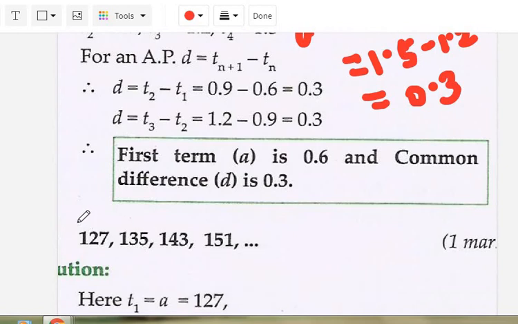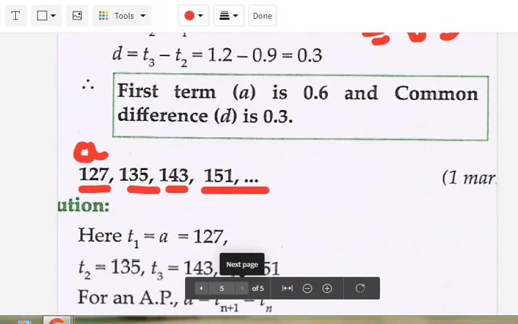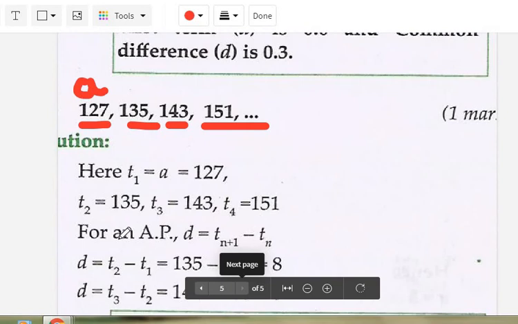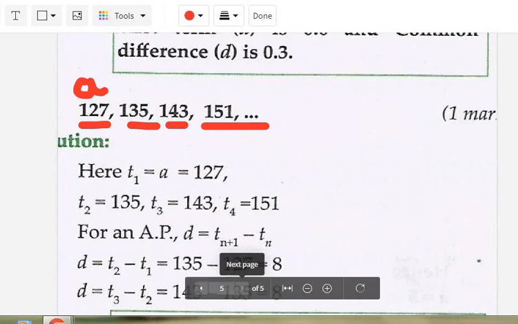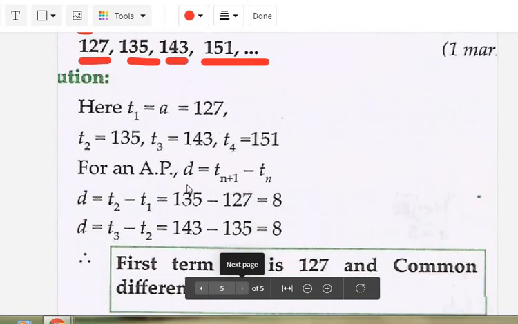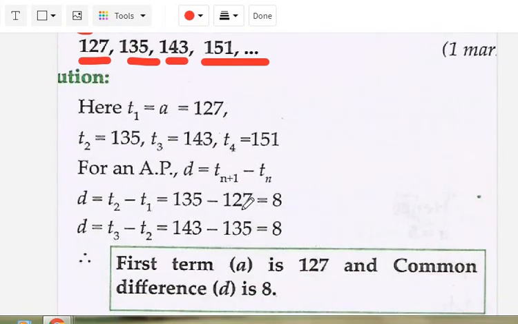Now see next question, 127, 135, 143, 151. This is your A. A means first term. T1 is equal to A is equal to first term is equal to 127. This is T2, T3 and T4. Now for an AP, D is equal to Tn plus 1 minus Tn, that is T2 minus T1. T2 is 135 minus T1 is 127, that is 8.